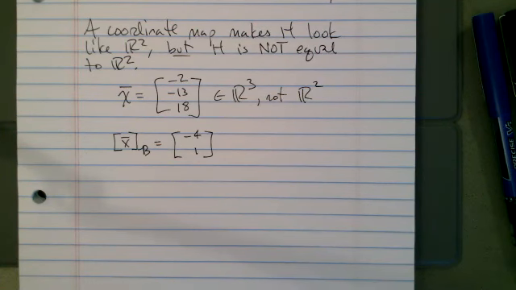We're sitting in R3. We write the coordinates relative to a basis, and we only have 2 coordinates because H is a 2-dimensional subspace of, sorry, a 2-dimensional subspace of R3, but that does not make it equal to R3. Isomorphic is not the same as equal. Any questions?